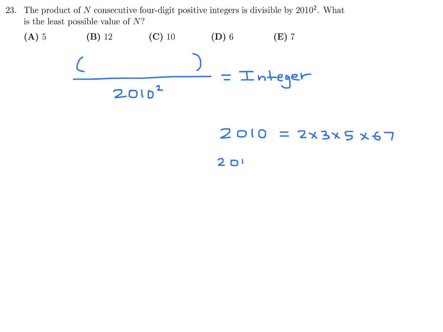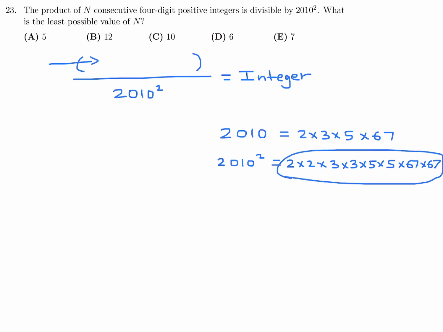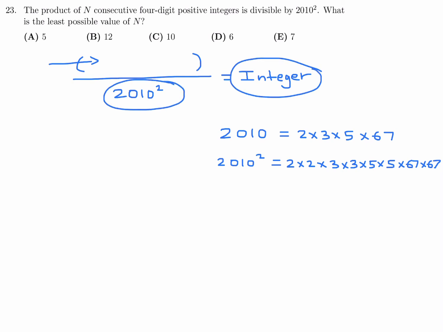So if you have 2010 squared, it's basically 2 times 2 times 3 times 3 times 5 times 5 times 67 times 67. So this numerator has to include all of these. If it does, when you divide by 2010 squared, it will give you an integer.